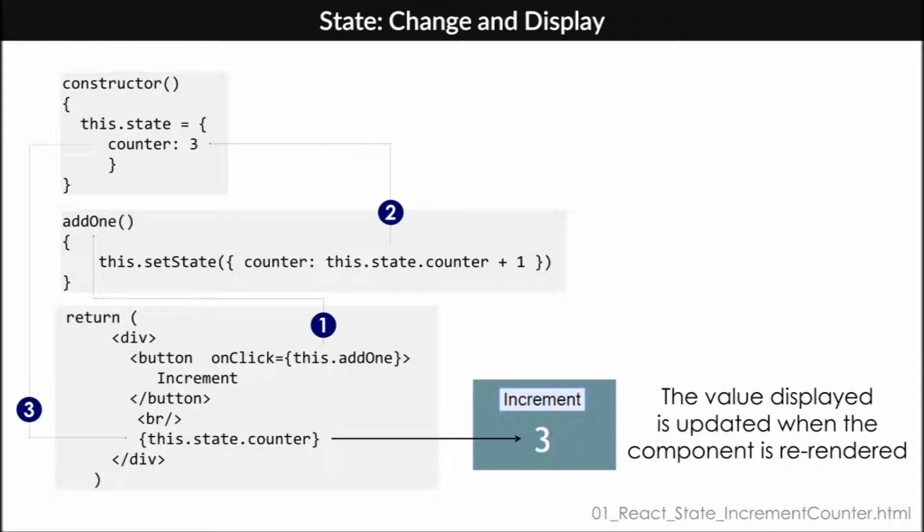It sees a change in a state variable, and that will cause the render method to be invoked on the object, the React component, which contains that state value. So the render method will get invoked. The all-important return statement will get actioned. And what does it do? Repaints the button and redisplays the contents of this.state.counter, which, golly gosh, has gone up by 1.